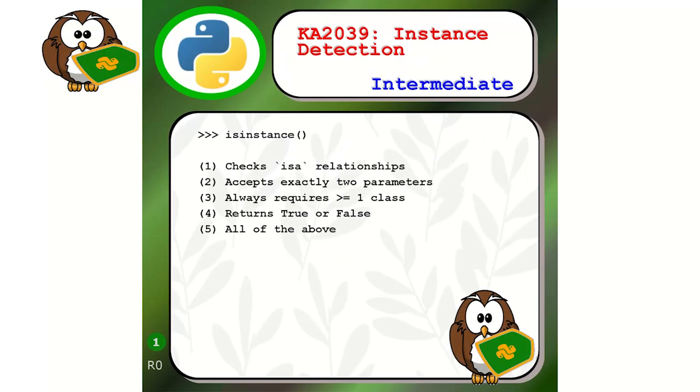KA2039 for instance detection. The idea that isinstance will either 1, check for an is-a relationship, 2, accepts exactly 2 parameters, 3, always requires greater than or equal to 1 class, 4, returns true or false, or 5, all of the above.